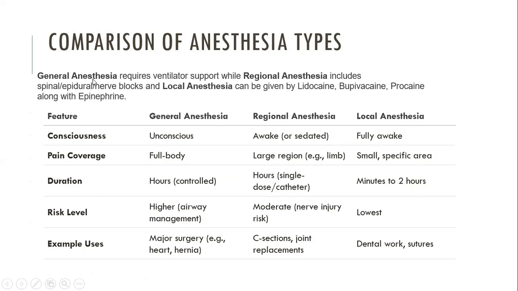Basically, general anesthesia is a type in which patients are made unconscious, so it requires ventilator support. Overall, the patient takes breathing and oxygen from the ventilator. Regional anesthesia is basically a nerve block in which you block the spinal or epidural nerves, and it usually anesthetizes only one limb or any limb you want to block.